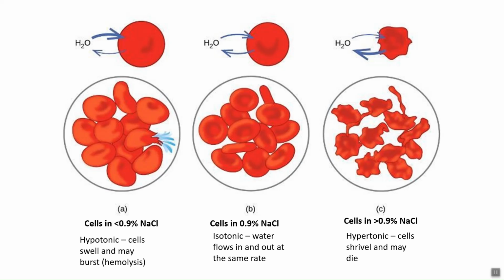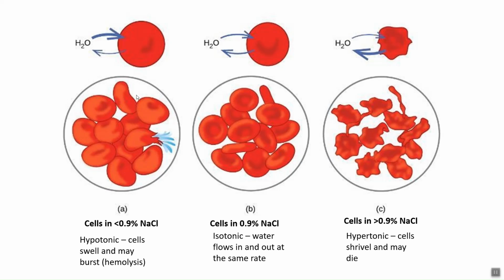But in this case, we're going to use NaCl as the solute. So what we're looking at here is an isotonic case. If we have 0.9% NaCl, water will flow into and out of the cells at the same rate because the concentration of solute inside of the cell is 0.9%, and the concentration of salt water outside the cell is also 0.9%, so water flows in and out evenly.